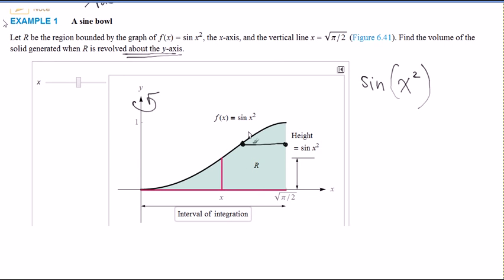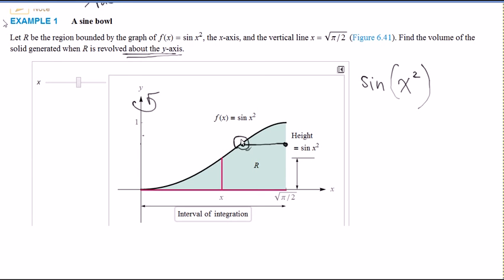Well, how about this one? Do you want the y coordinate of that or the x coordinate of that if you're doing cross-section like this, with a perpendicular line segment? Which one is it? Do you want the x coordinate of this one or the y coordinate of this one? Because the radius for this is from the axis of rotation, from here to there, you want the x coordinate.